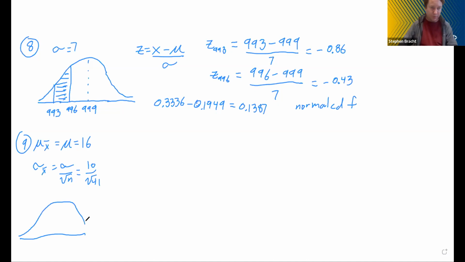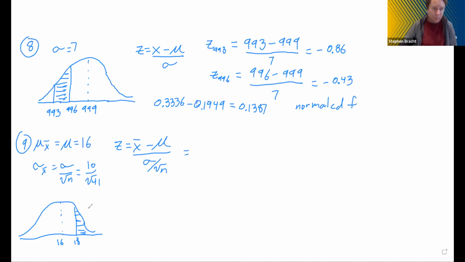So this represents the distribution of all sample means based off of samples of size 41. This is centered over 16. And I'm trying to find the area under this curve that's to the right of 18, because it said, what's the probability that the sample mean is greater than 18? Because this is a sampling distribution, I'll use this slightly modified version of the z-score formula, which looks like x bar minus mu over sigma over the square root of n.